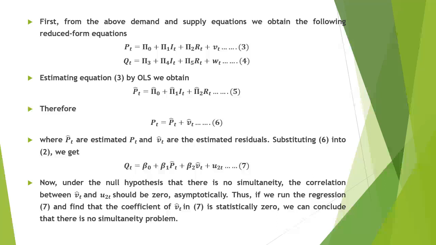Now, under the null hypothesis that there is no simultaneity, the correlation between V hat t and u2t should be 0 asymptotically. Thus, if we run the regression, equation 7, that is Qt is equal to beta 0 plus beta 1 P hat t plus beta 2 V hat t plus u2t, and find that the coefficient of V hat t is statistically 0, we can conclude that there is no simultaneity problem.